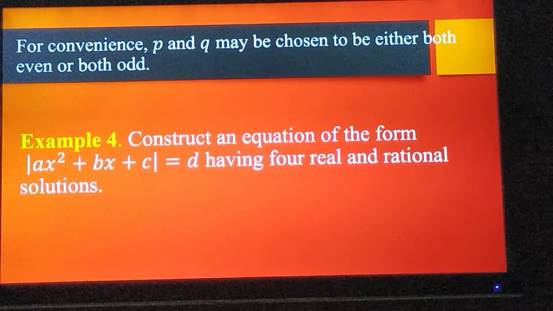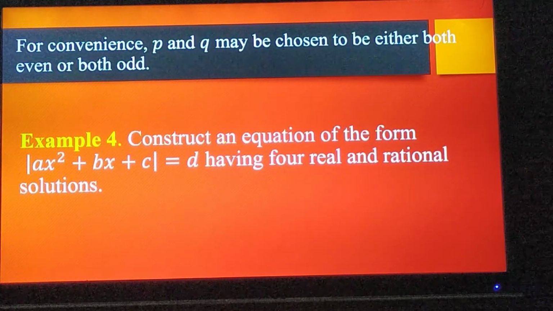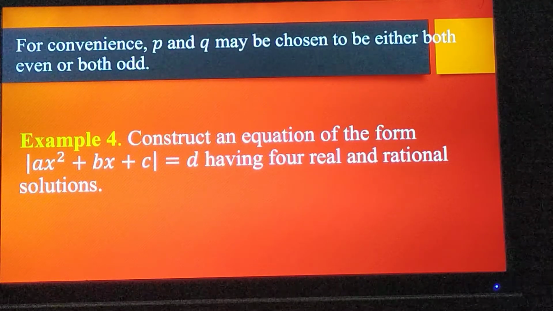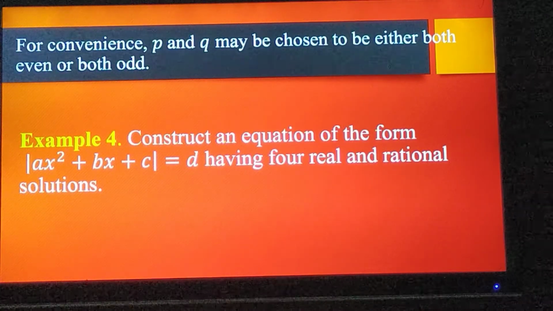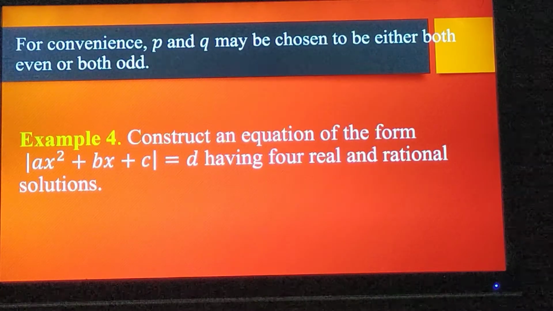Example number 4. Construct an equation of the form absolute value of ax squared plus bx plus c equals d, having 4 real and rational solutions.